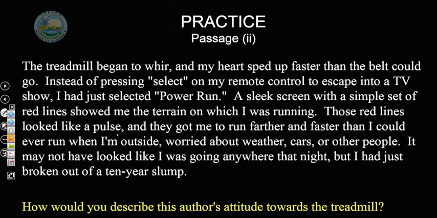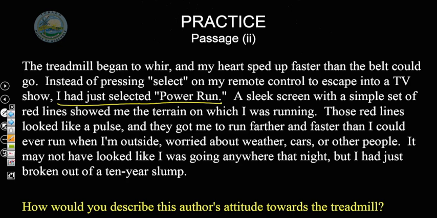So we can start off by saying that the writer says, instead of pressing select on the remote control, he or she had just selected Power Run. The writer made a choice to select something that may have been a little more intense, and it speaks to a level of confidence, a level of ambition.